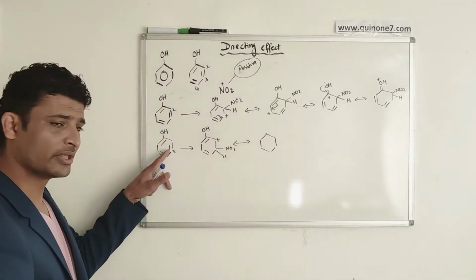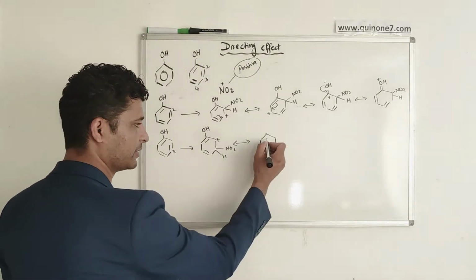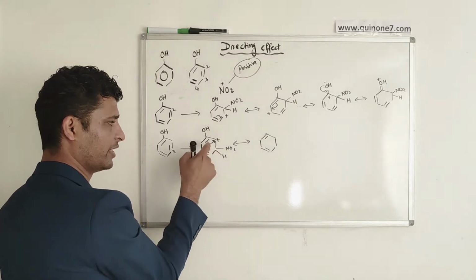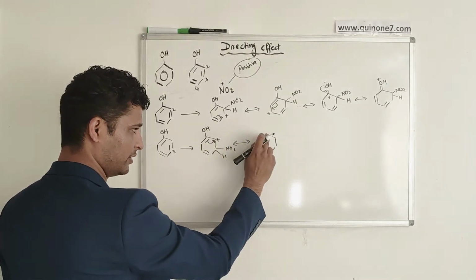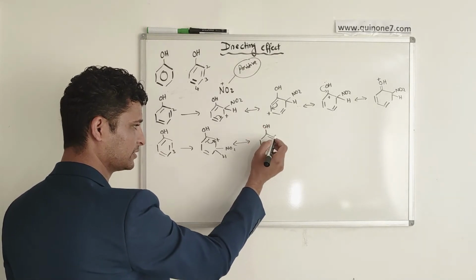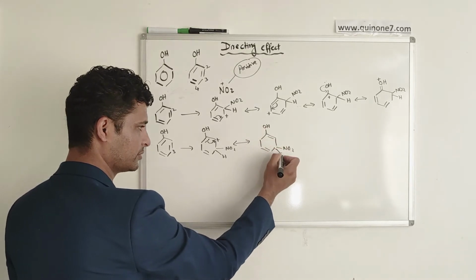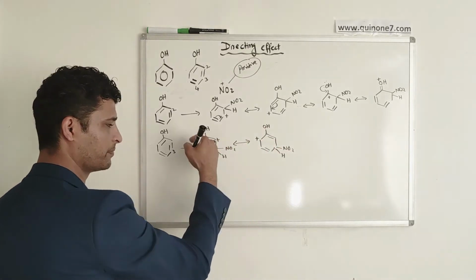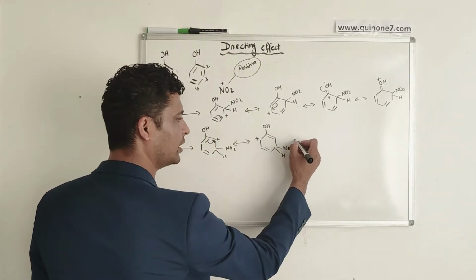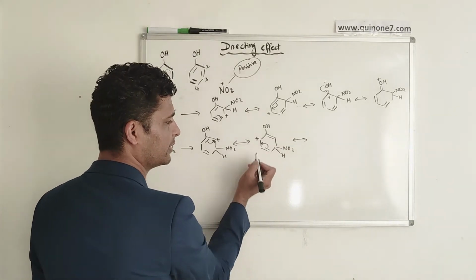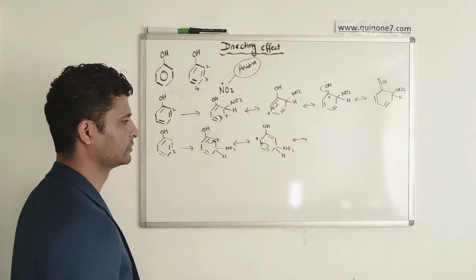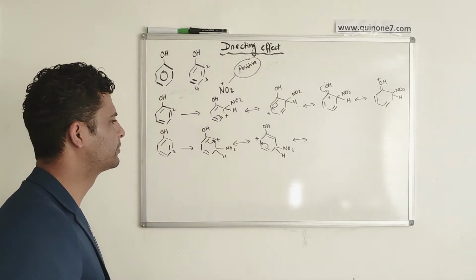After this, this double bond will go there to make sure there will be no positive charge there, and it will be delocalized that side. NO2 stays as it is. Positive charge will appear 2 positions away from it. After this, this double bond will delocalize there. This is a problem.